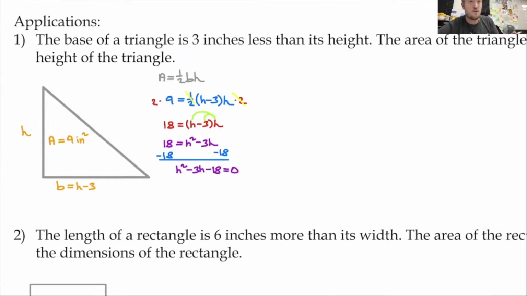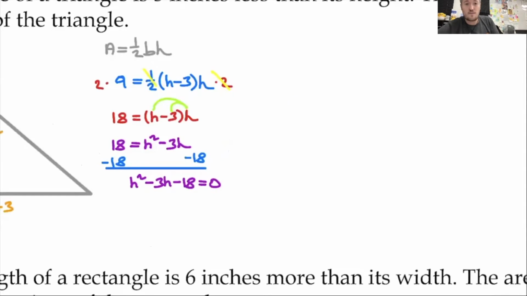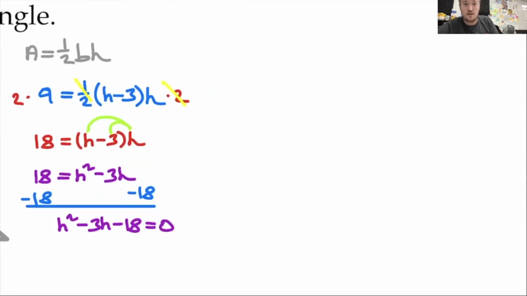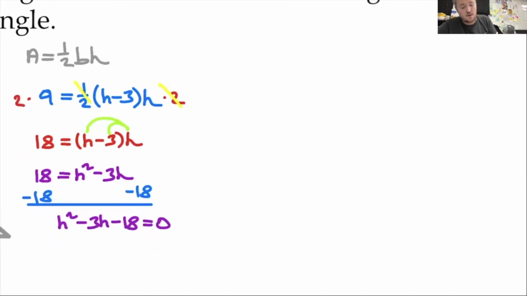If you don't care which method you use, and you want to use just one method for all questions, I would recommend the quadratic formula. But in this case, I'm going to do this one by factoring, just to give us a variation and use different things to solve. So I'm going to copy and paste this equation up here.